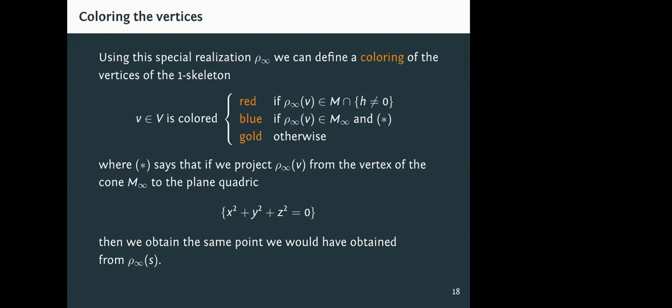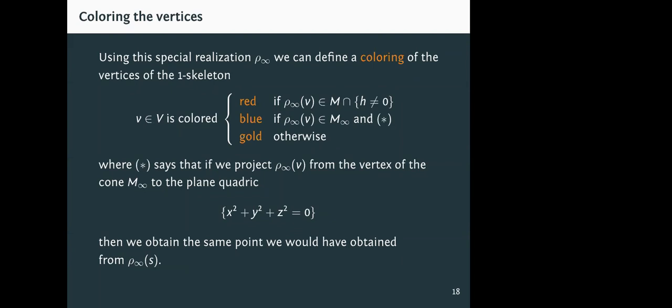So a vertex V is colored red if rho infinity of V is not at infinity, while it's colored blue if it is at infinity and it has a technical property which I will not explain in detail. Essentially the point is that infinity is a cone over a plane curve, and we have a particular point, rho infinity of S, which we know to be at infinity.